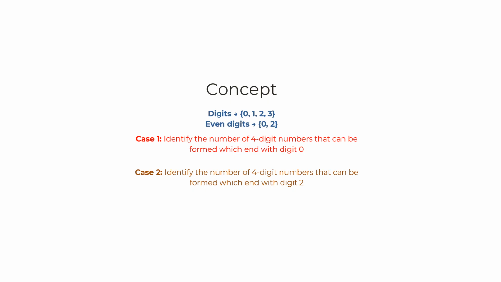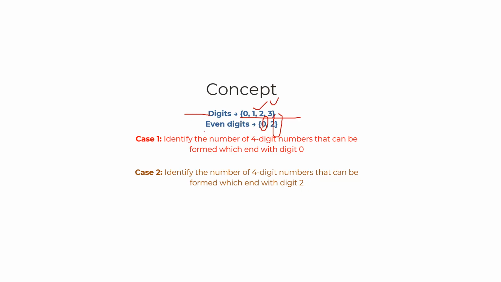So the concept associated with the problem is that we should form a 4-digit even number and there should be no repetition. We all know that the even numbers out of these four will be ending with 0 or 2 only. If the number is ending with 1 or 3, then it counts as an odd number.